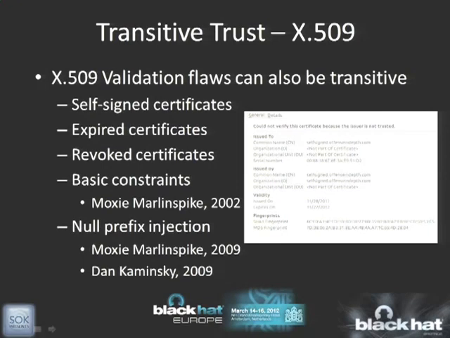However, the null character can terminate the processing of that certificate name field when it's parsed on the client. As a result, you can essentially change the scope of validity for a certificate. To be clear, I haven't found any problems with null prefix injection on proxies to date, but the potential is there.